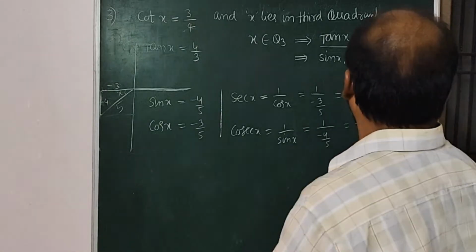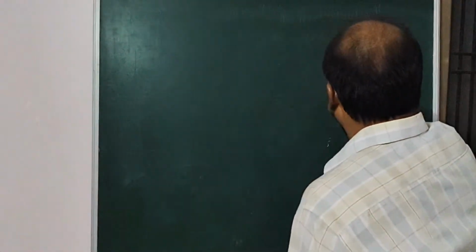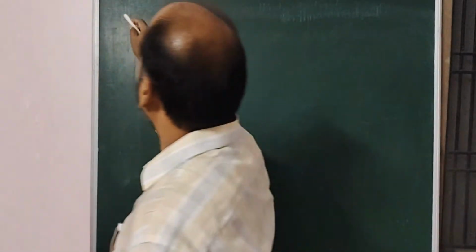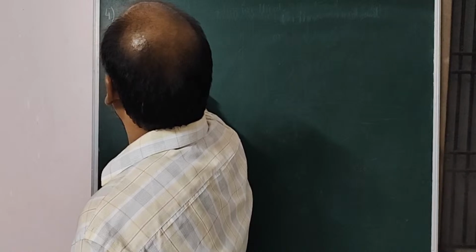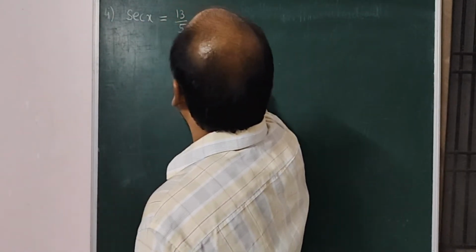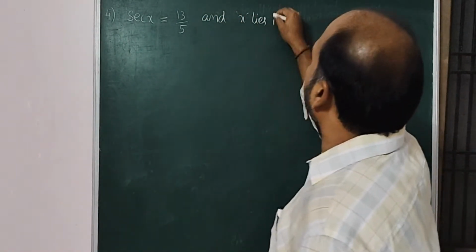Okay, I'll wrap up and go to the next question. Next, question number 4. Secant x equal to 13 by 5 and x lies in the fourth quadrant.